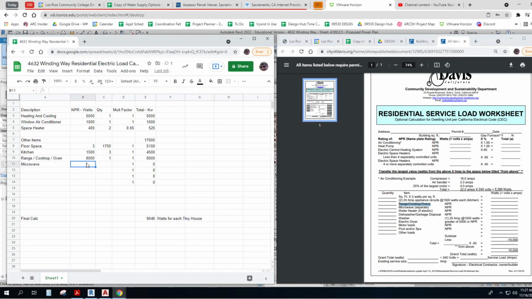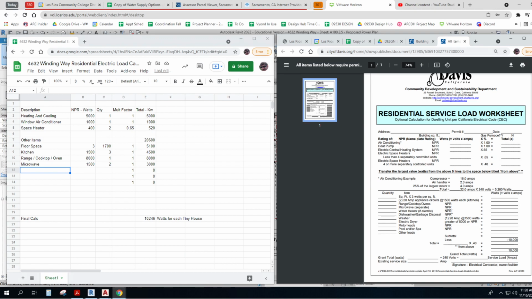Those are usually around 1,000 to 1,500 watts. And there'll probably be one in the main residence and one in the tiny house. Now, if you wanted to, you could do one of these for the tiny house and an additional one, but I'm using this as everything for lot one. And then you'll just keep going on down the line to get these other things in here.